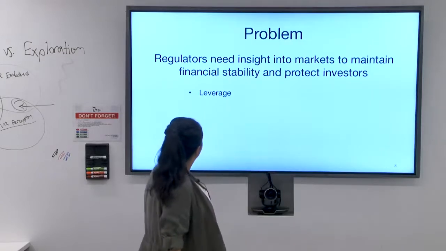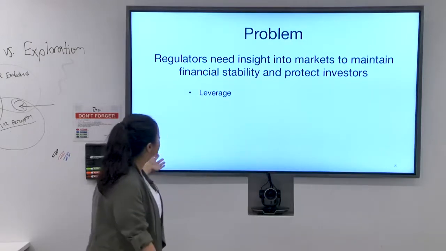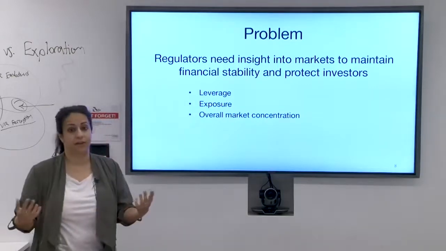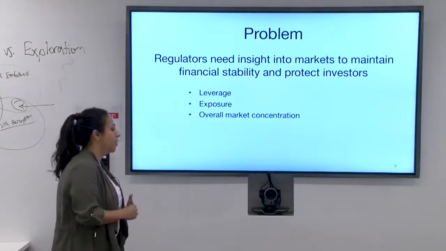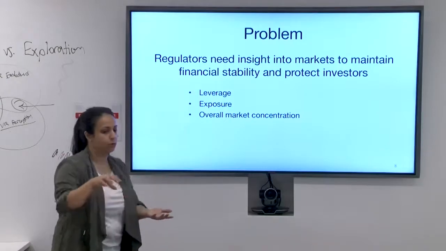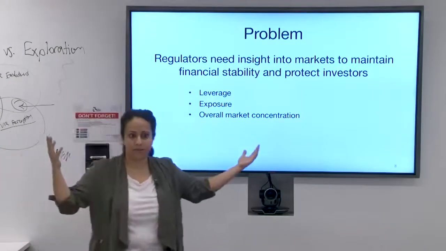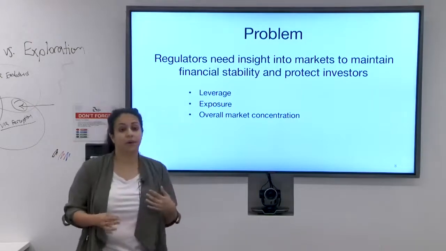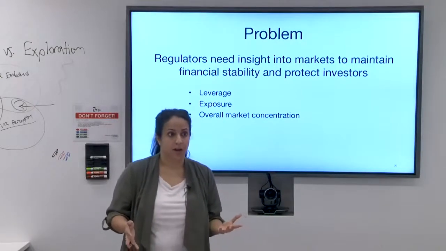So here are some examples of things that we might want to measure and understand. We might want to get a sense of leverage in the system: the participants who are holding assets, how much do they have en masse? We might want to understand exposure. We might want to get a sense of market concentration.